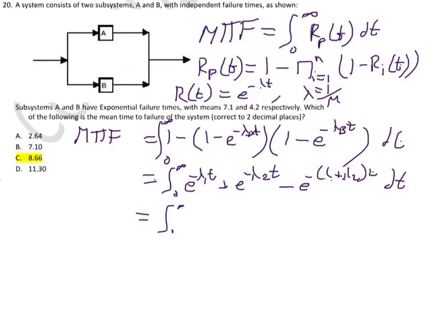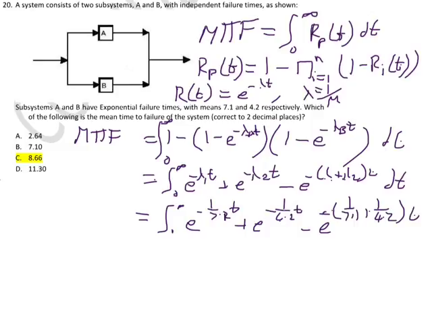So this is going to be the same thing as e to the minus 1 on 7.2t plus e to the minus 1 on 4.2t. I think this is wrong, this is 7.1, minus e to the minus (1 on 7.1 plus 1 on 4.2) t, there's the whole thing, dt.